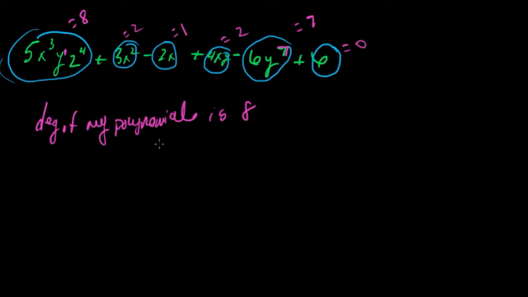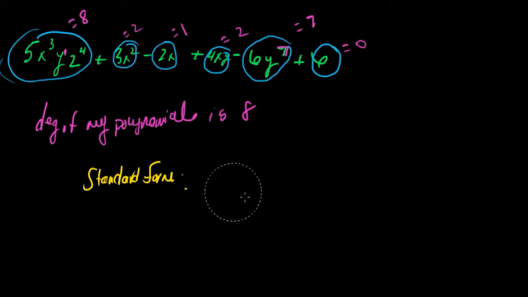Now, standard form would be anything when the powers. So let me write it like this here so you can see. Standard form. Standard form is from, let's say, increasing powers.